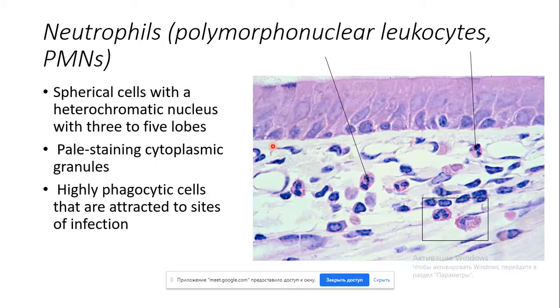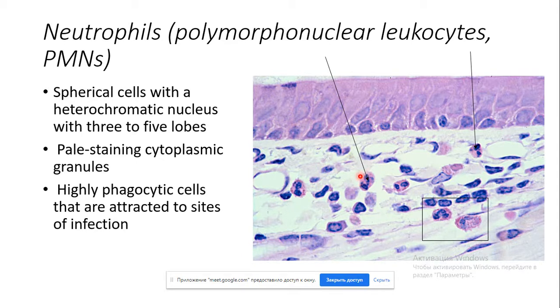Okay, neutrophils. These polymorphonuclear leukocytes, neutrophils, are similar to those in blood, but in blood they are present normally. In connective tissue, neutrophils are present only, once again, only in case of acute inflammation. This is a good sign for pathologists to figure out whether this tissue is inflamed or normal.